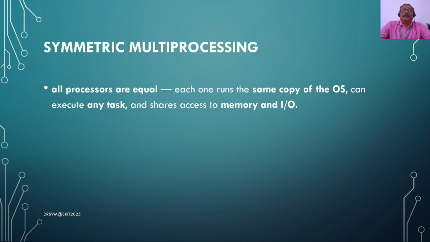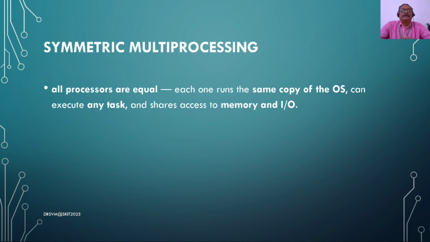Each one runs the same copy of the operating system, can execute any task, share access to memory and IO. That means if multiple processors are there, then a copy of the operating system is available to each processor, and each processor can execute any task of the operating system.